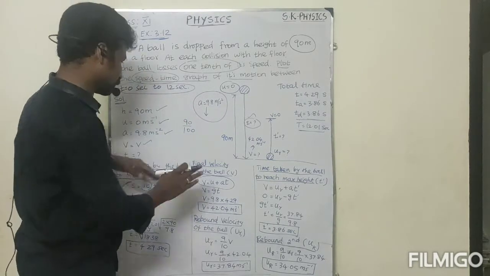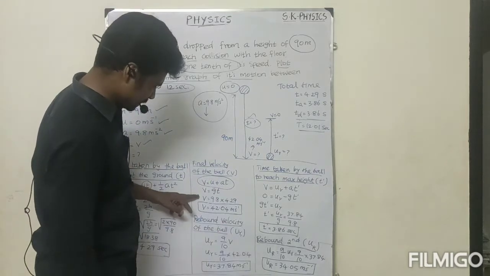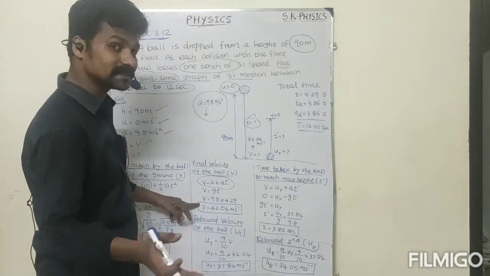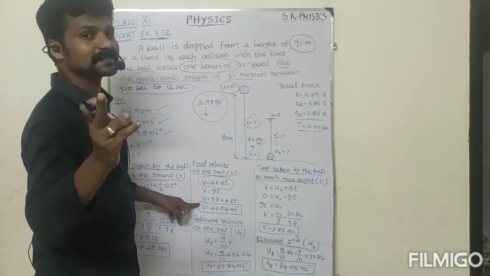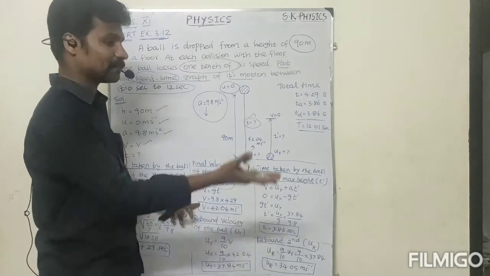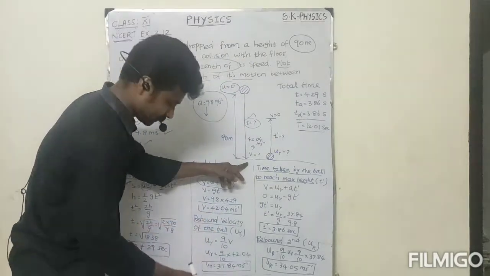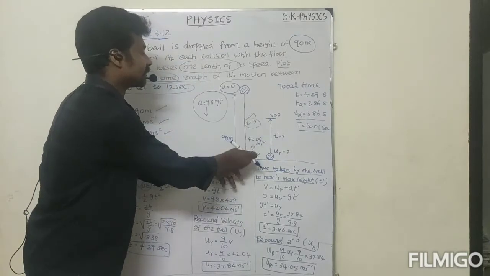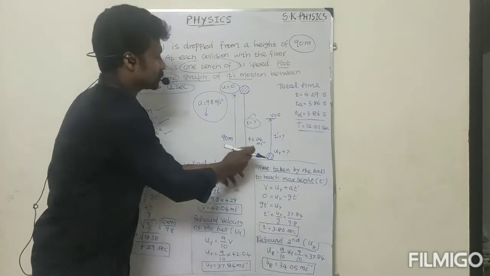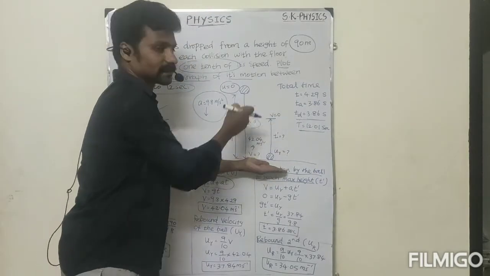So this speed is converted into 90% only, not 100%, when it rebounds back. See that now the ball has hit the ground. The same diagram is a little bit confusing, so I draw here. Now it rebounds back.